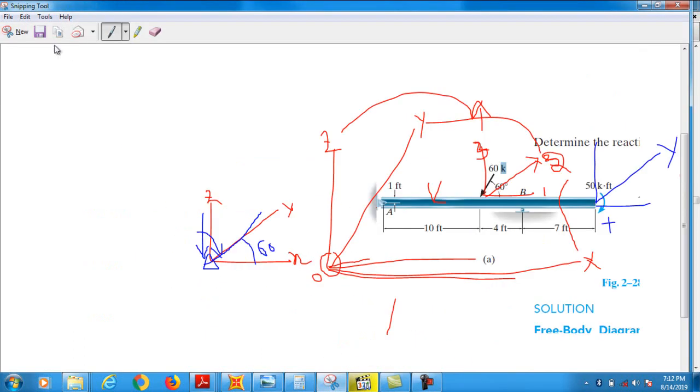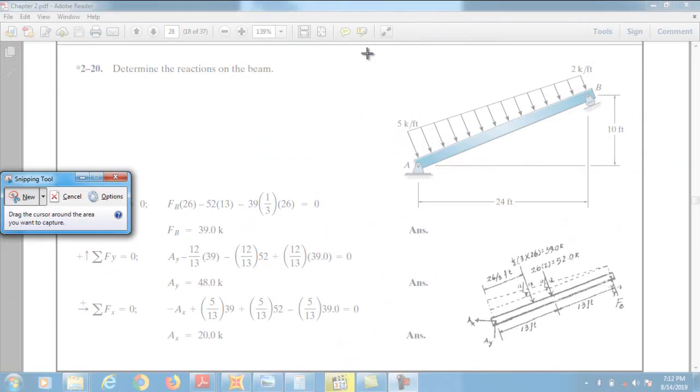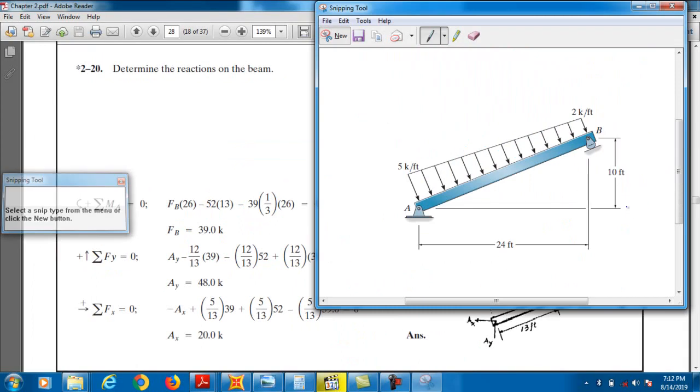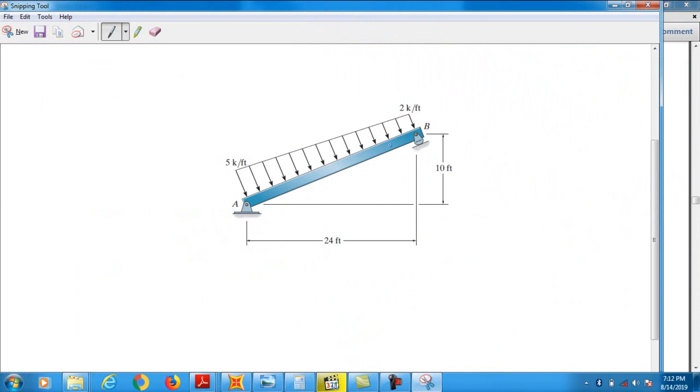So basically there is a little bit of change in modeling of this member, as well as assigning the load, as well as assigning this joint.